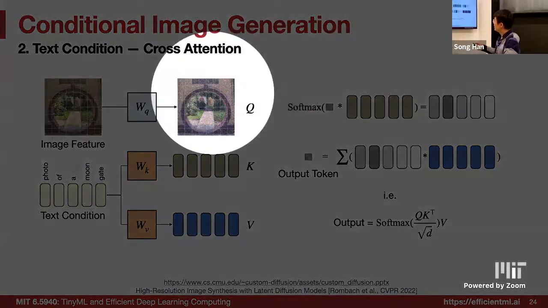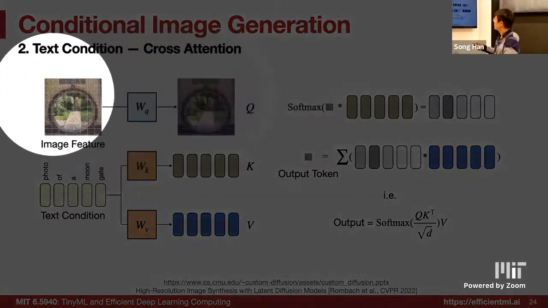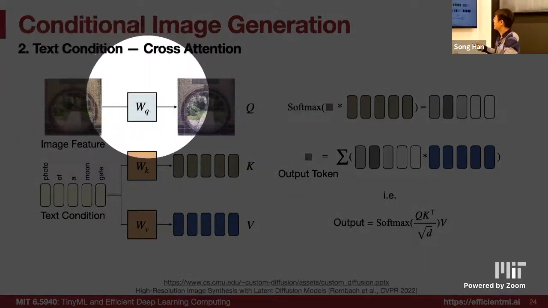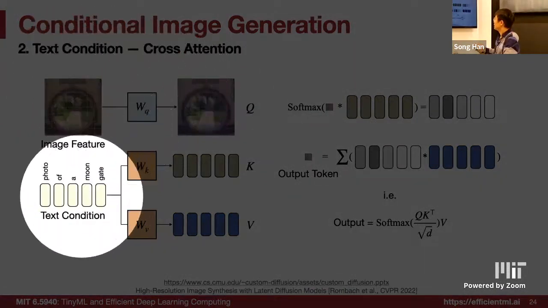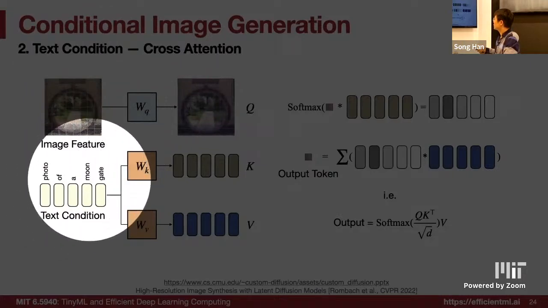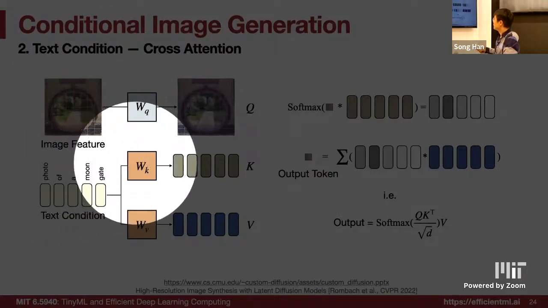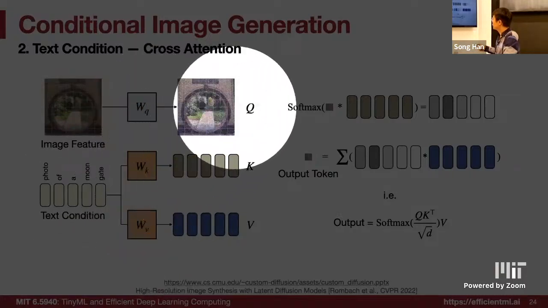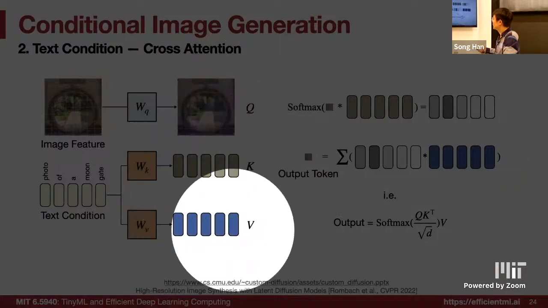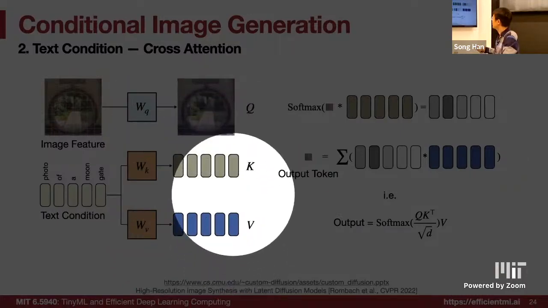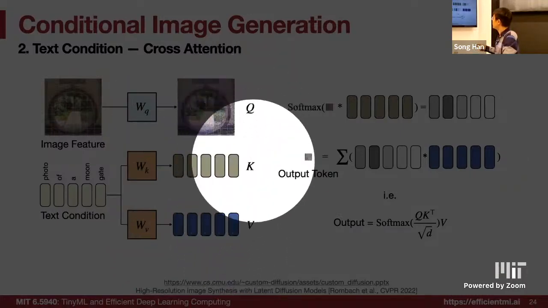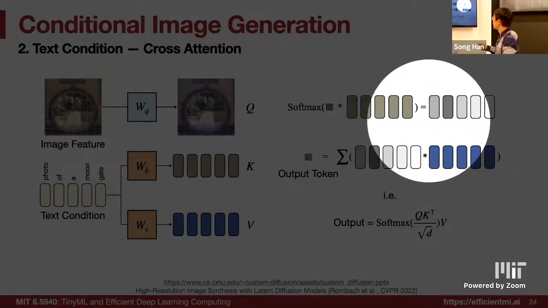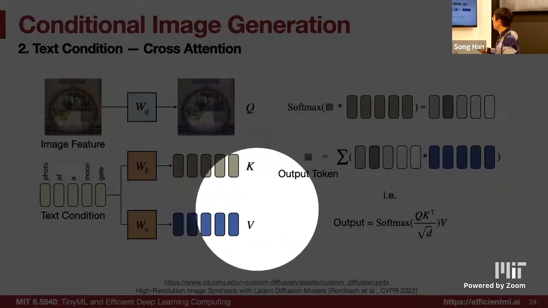For example, the input feature, we divide it into several patches. Each patch is a token, so we can tokenize them. For the text, we also pass it through the QKV matrix. Okay, so we get the Q token, the query token, the K token, and the value token. We first do QK transpose, and we use that as the weights for the weighted sum for the output token.